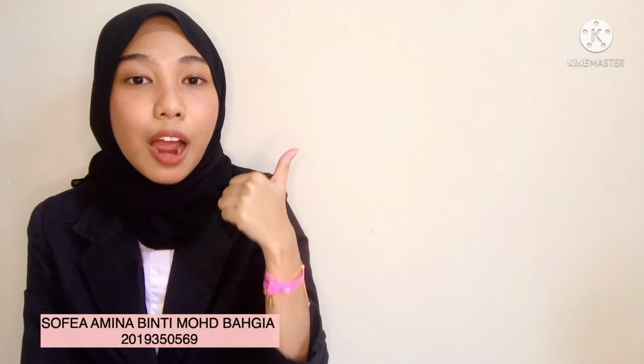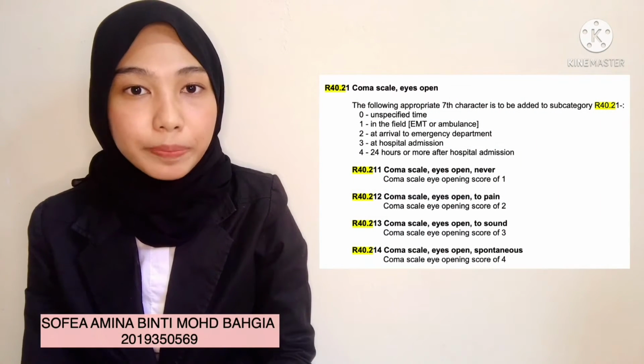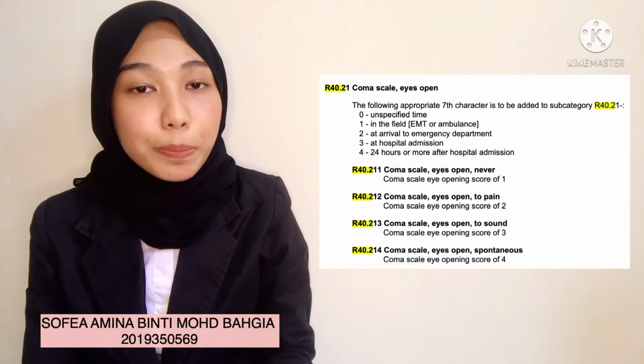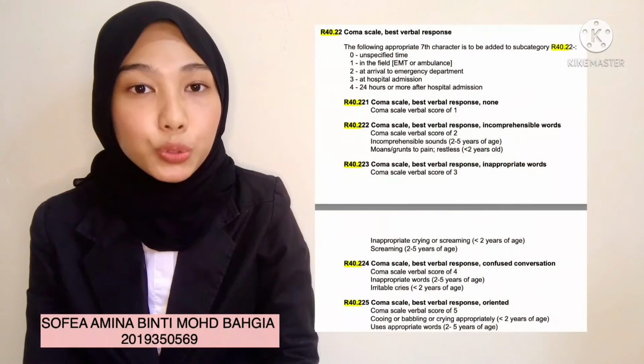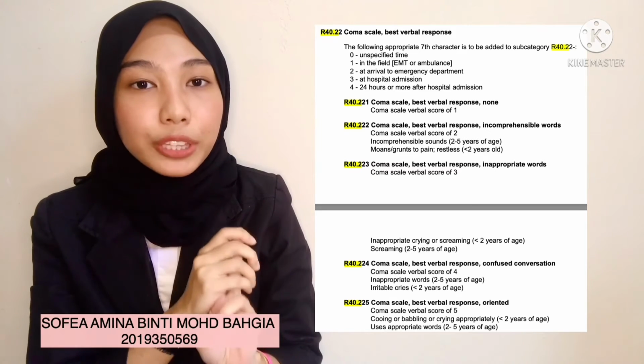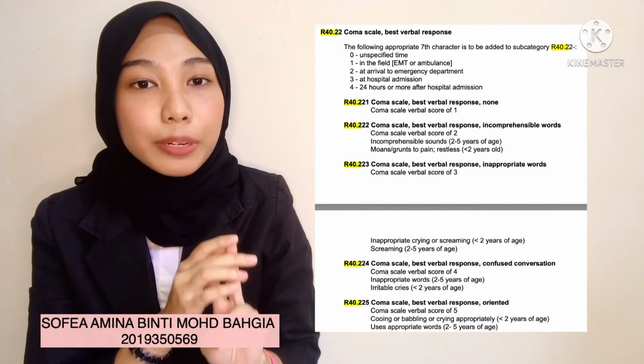The first one is R40.21, coma scale, eyes open. It is to ensure whether the eyes of the patient can respond or not. The second one is R40.22, coma scale, best verbal response.